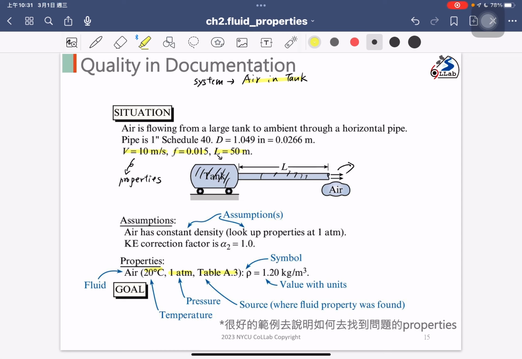Okay, so sometimes I will provide you the table or the figures, or I directly provide you the answers, the number values. So when we look at the problem, we don't worry, because we can look for what the system is, what the system topic is, what equation we need, and what physical properties we need.